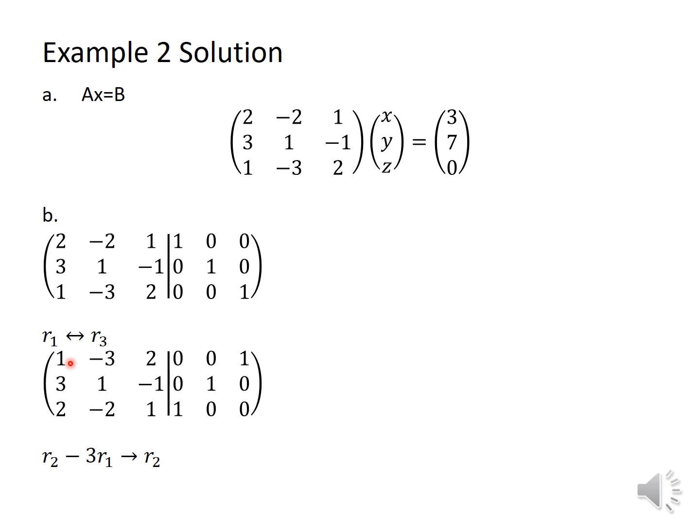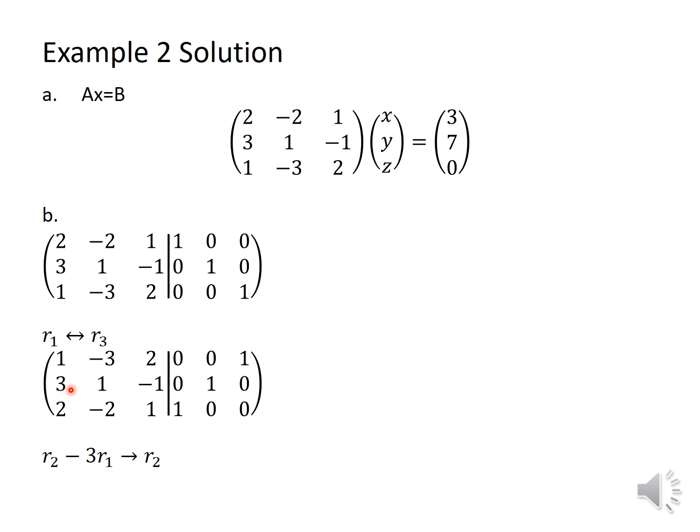And the second element is this 3. Following the systematic procedure, I should change this 3 to 0. Look at the identity matrix. The element here is 0, so this 3 should be changed to 0. To change it to 0, recall the elementary row operation you performed to solve a system.